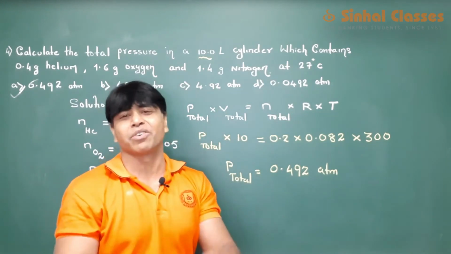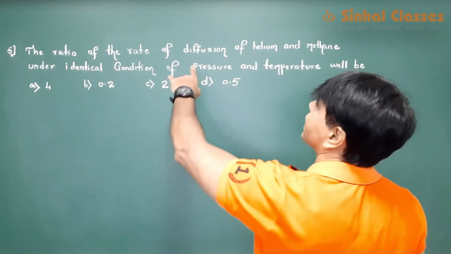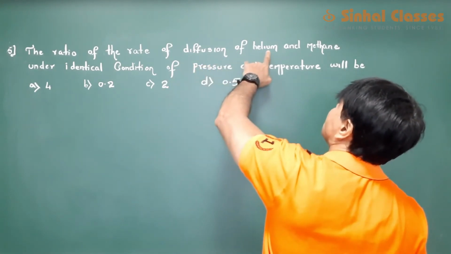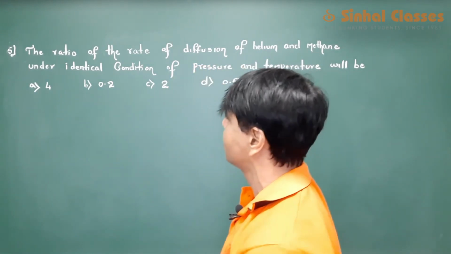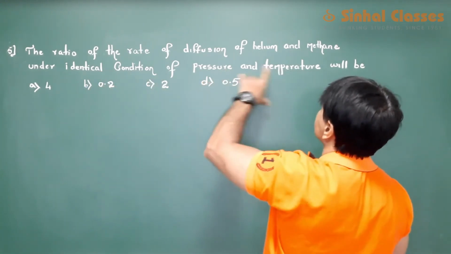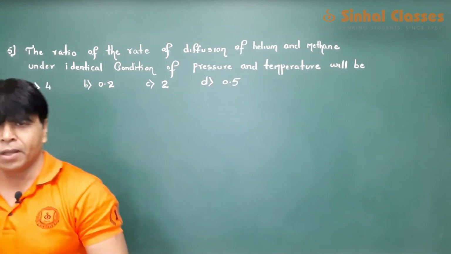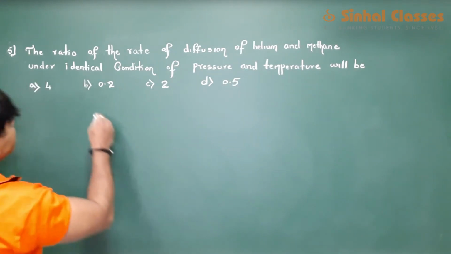Okay. So let's now go for one more question. The ratio of the rate of diffusion of helium and methane under identical condition of pressure and temperature will be? A very simple question actually.